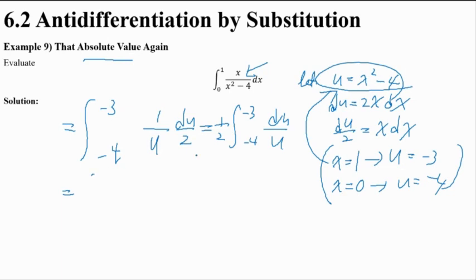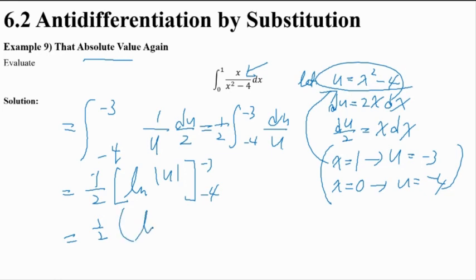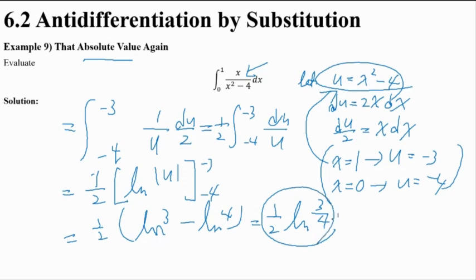So 1 over 2, and change it to ln absolute value of u from negative 4 to negative 3, and just plug in: 1 over 2 times ln 3 subtract ln 4. That's it. Alright, can you see that?